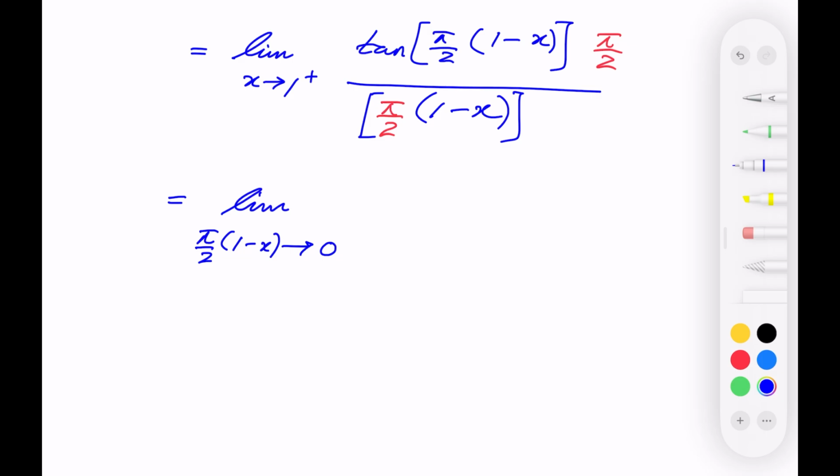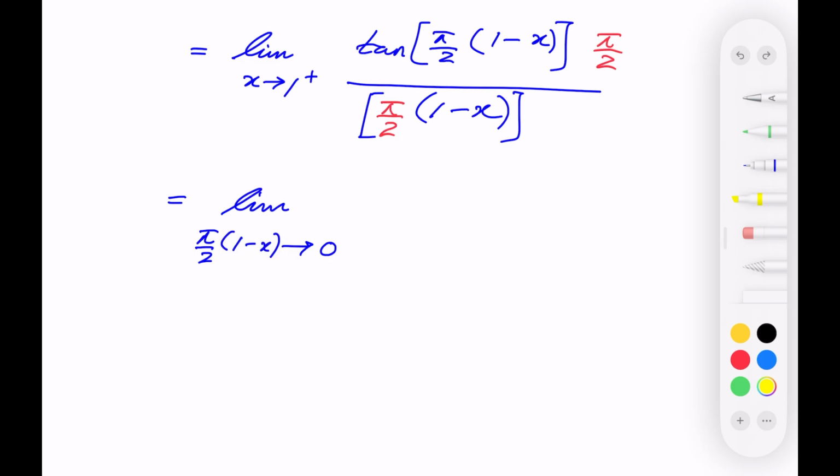But I have one more question. Does it just approach 0, or does it approach 0 from the left hand side or from the right hand side? Please note that your x approaches 1 from the right hand side. Therefore, x is a little bit more than 1. If you look at this part, 1 minus x, since x is a little bit more than 1, 1 minus x should be slightly negative.